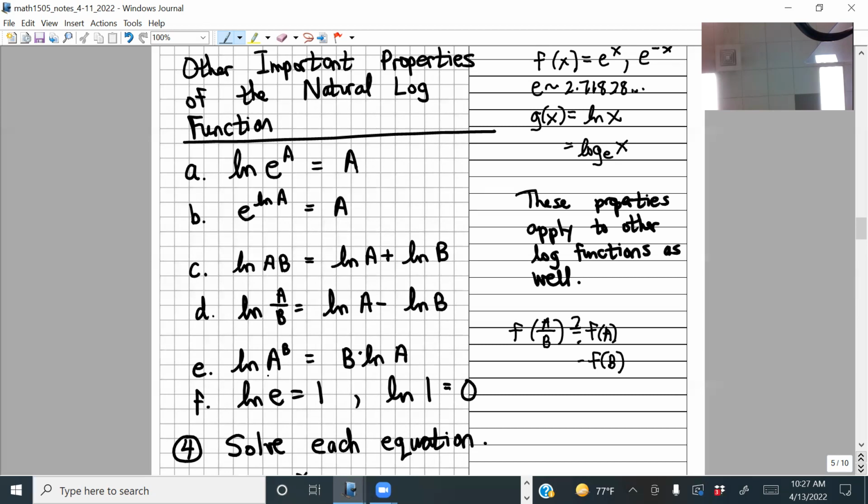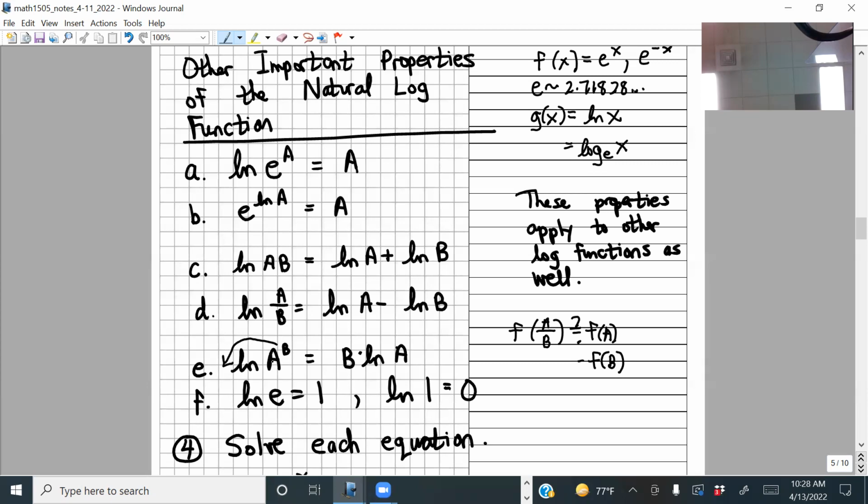Now, this third property is kind of related to C, but it's a little bit more general than C. If you have the natural log of a power, so a base and an exponent, the natural log of a to the b power, you can get rid of the power. And the way you do that is just by bringing the exponent as a coefficient in front of the natural log.